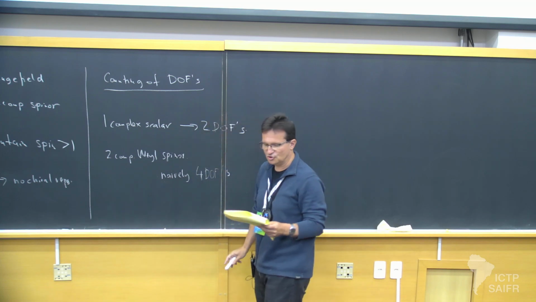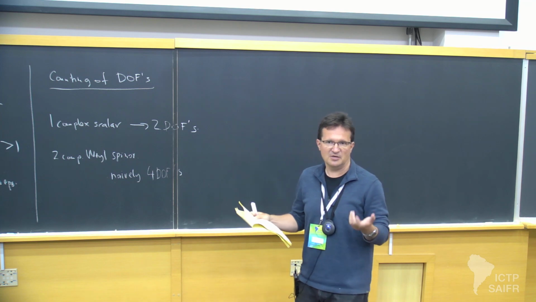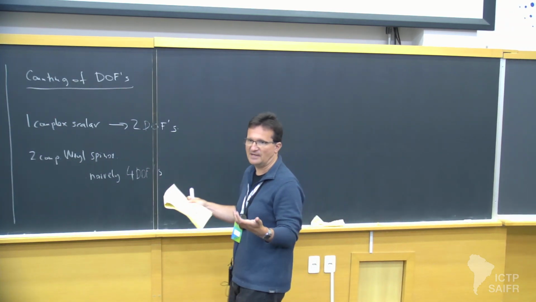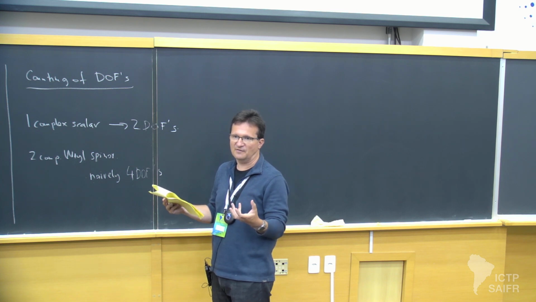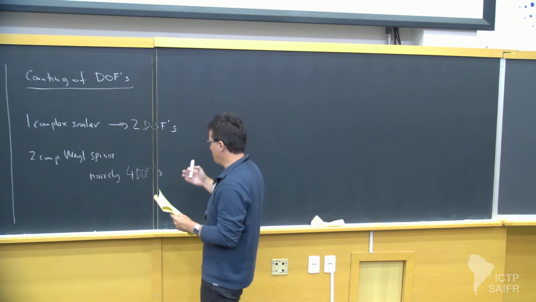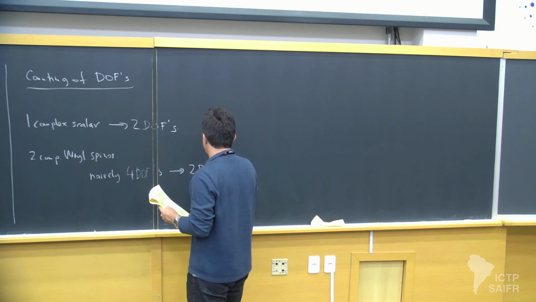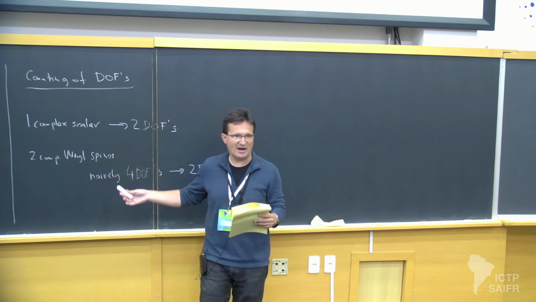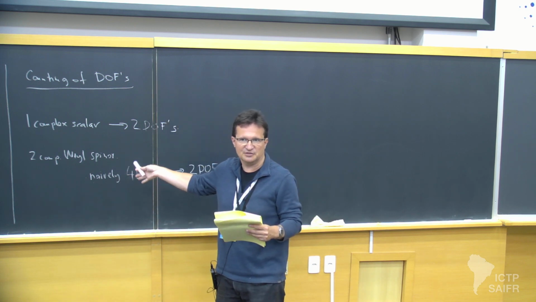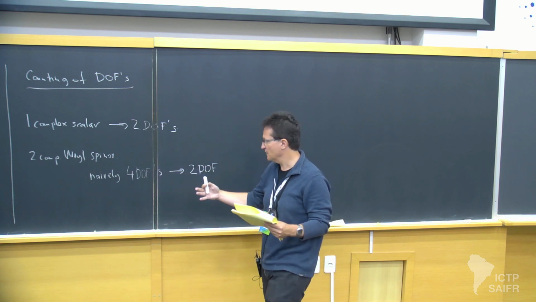But of course, you know that one 2-component object actually describes one spin 1/2 actual propagating degree of freedom. So the propagating degrees of freedom here are actually 2. So you can say that you have to impose the Dirac equation, or the analog, the Weyl equation, on it to actually get what the propagating degrees of freedom are.